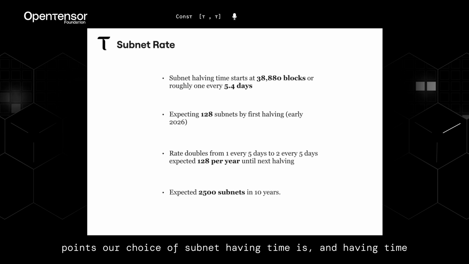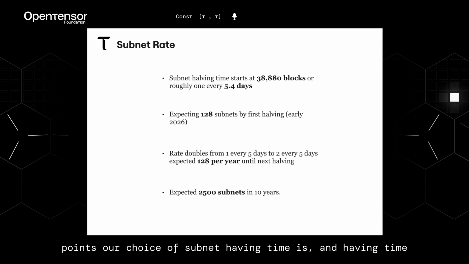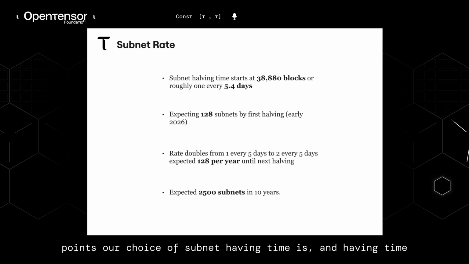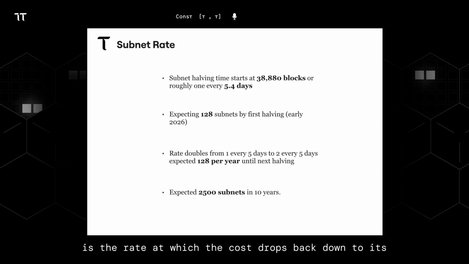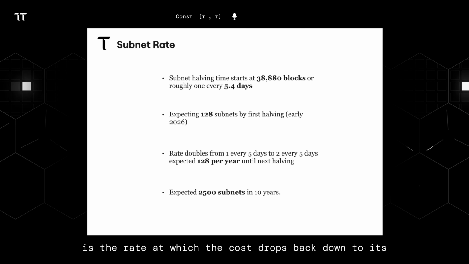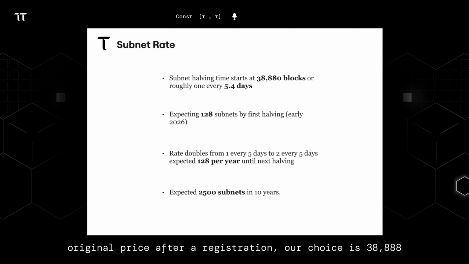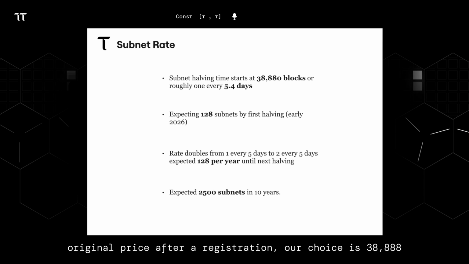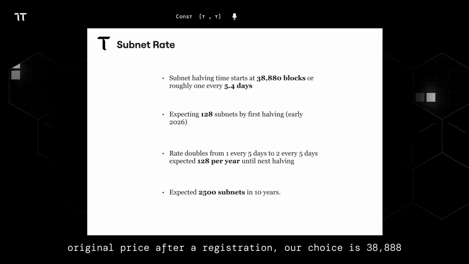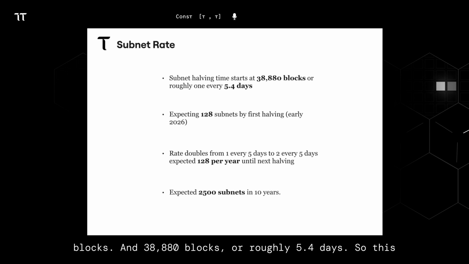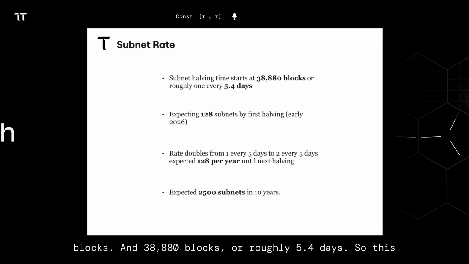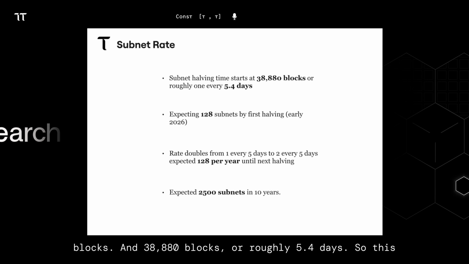Our choice of subnet halving time is the rate at which the cost drops back down to its original price after a registration. Our choice is 38,880 blocks, or roughly 5.4 days.